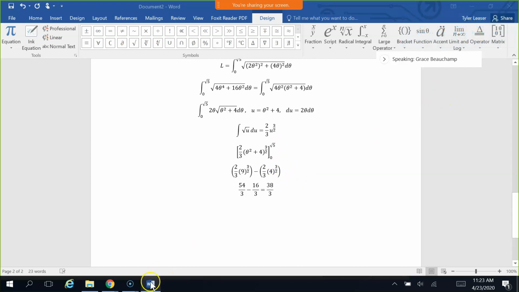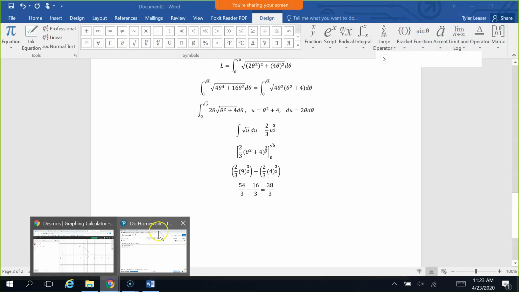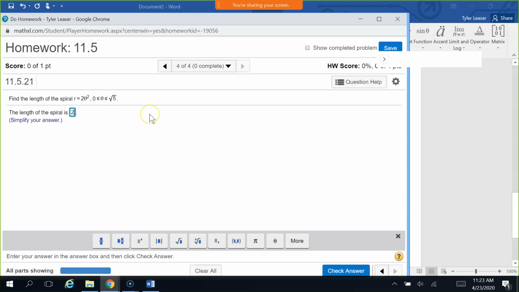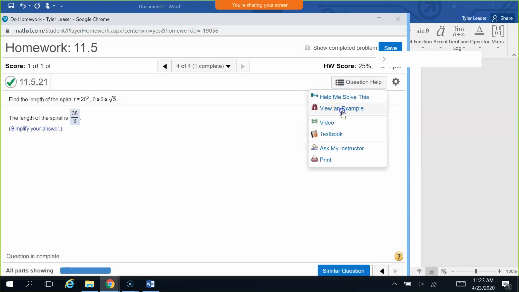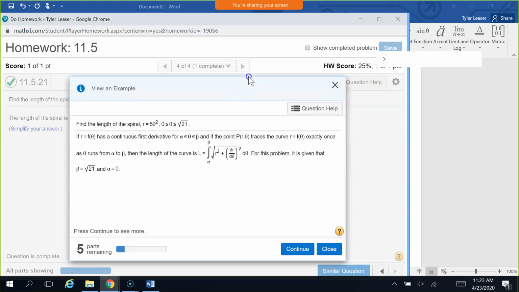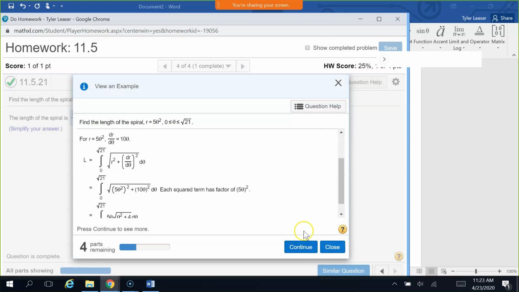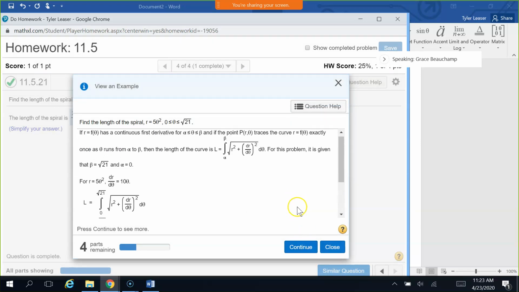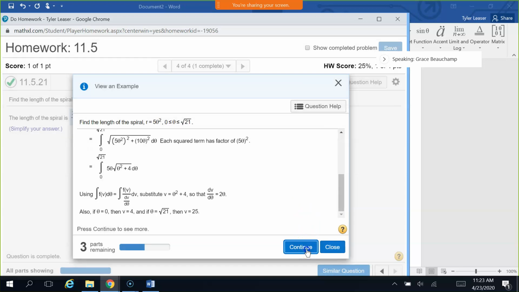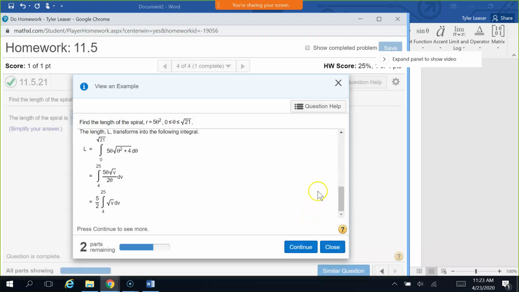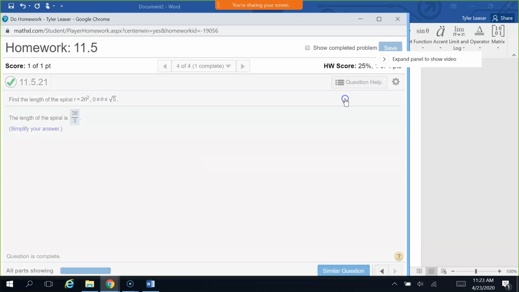Let's solve for L. Well, let's look through the help me solve this. Let's see if 38/3 is right. And then I'll look through the help me solve this and see if I can see that stuff. So then when they tried to solve for L, let's try this.